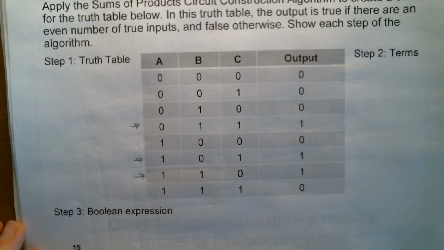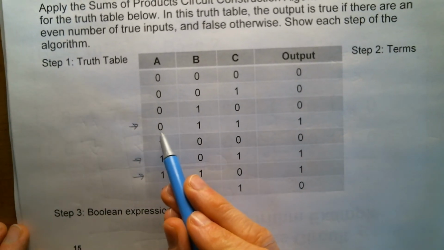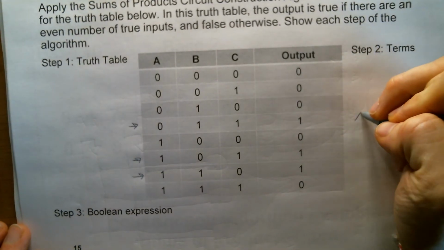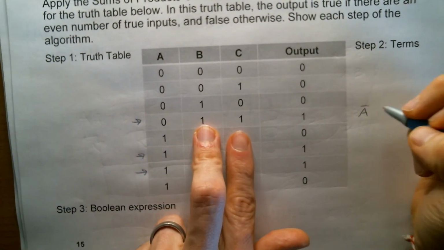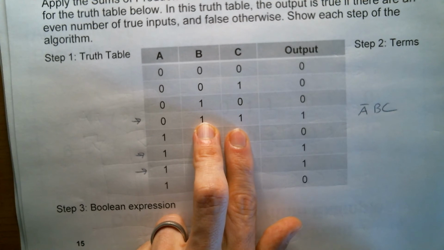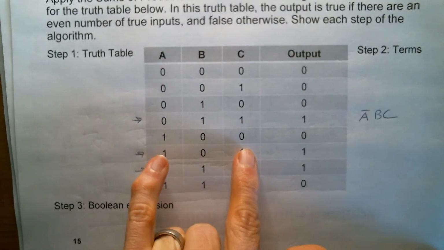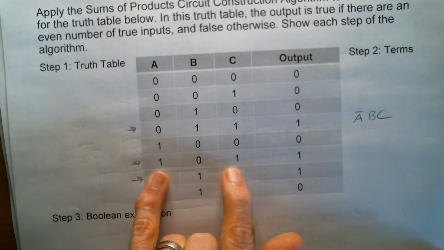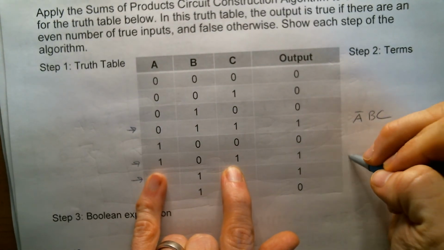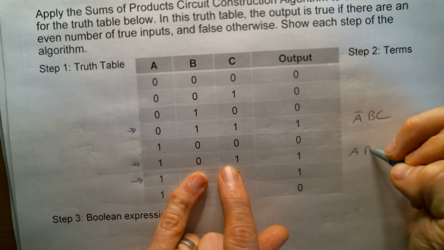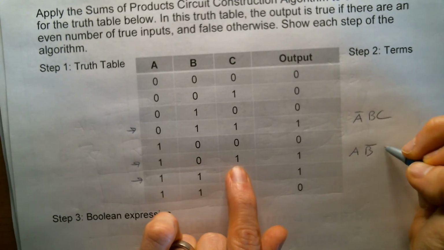All right. So hopefully then for this one, you recognize that this was a 0. So it had to be not A and then just B, C. And then for this one, hopefully you recognize that A could be left alone, B would need a not, C could be left alone.